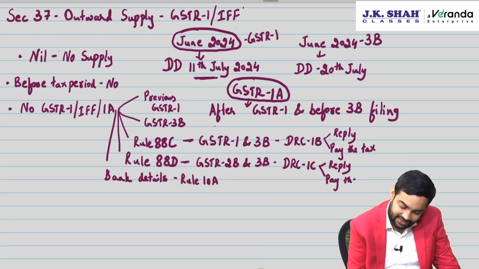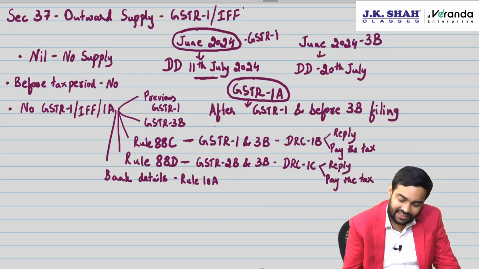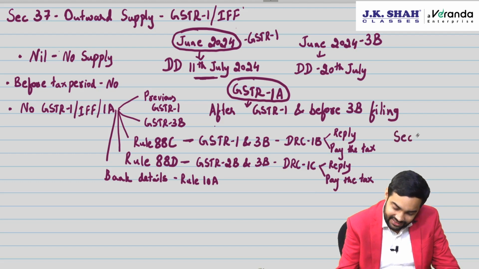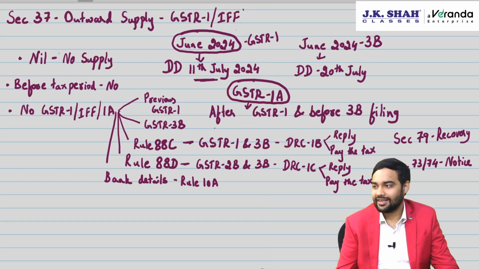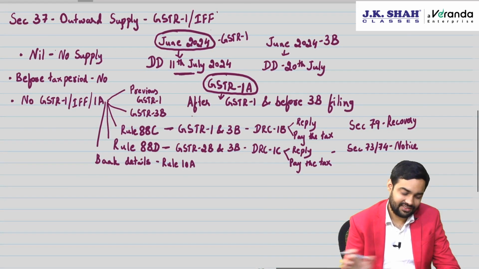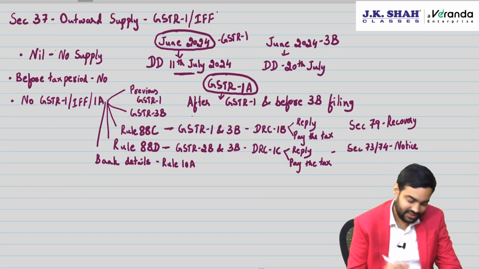If you don't, then here direct recovery, section 79 recovery, and here notice will be issued under section 73 or 74. Notice will be applicable, and then notice proceedings will be taken over after that. So these are some key points.